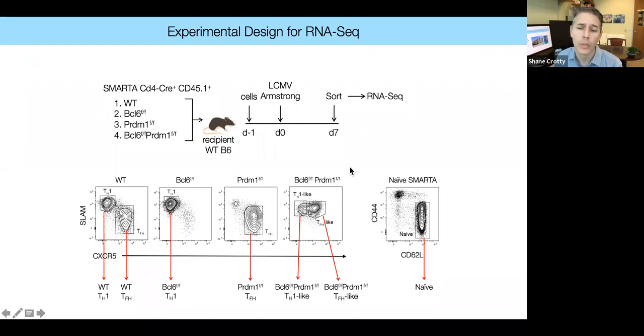And so we sorted cells representing TFH and Th1 populations from each of these different genetic conditions.